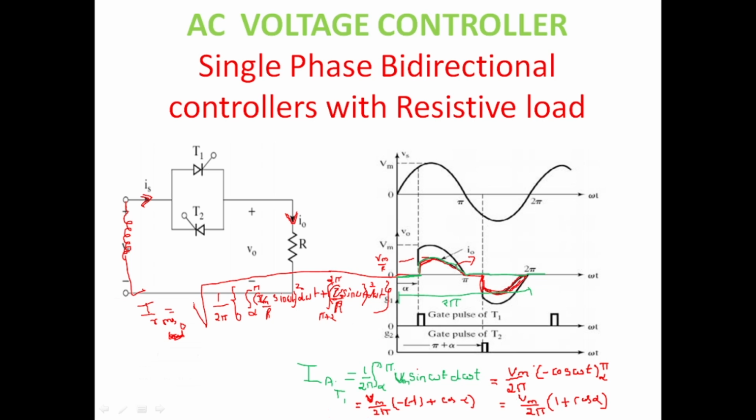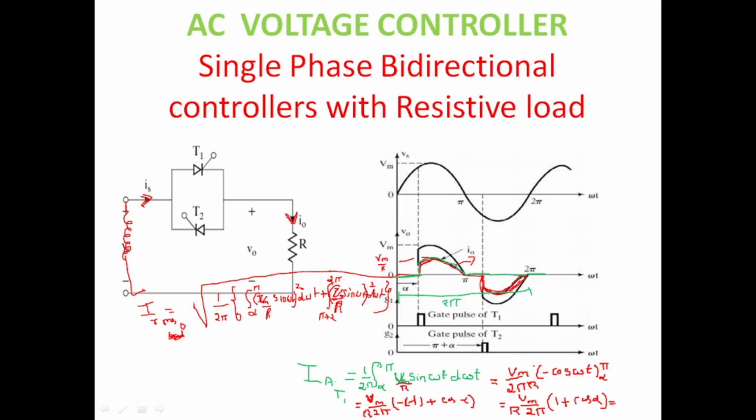Here it's a current, that's the reason everywhere I should write Vm by R. So if I write Vm by R here inside, this also becomes Vm by R. So here also I should write R outside, R into 2 pi into 1 plus cos alpha. In denominator 2 pi R is there. Okay, you can substitute this.